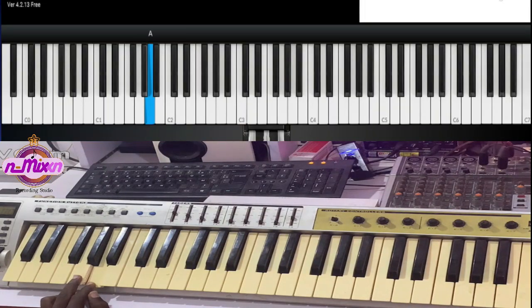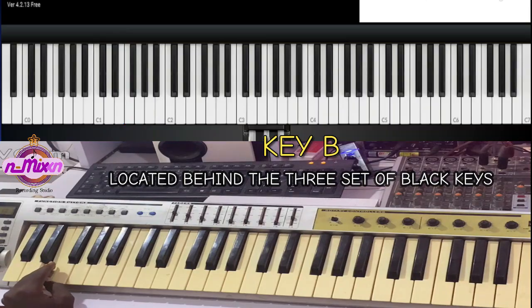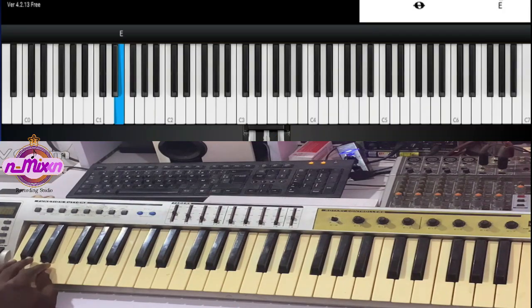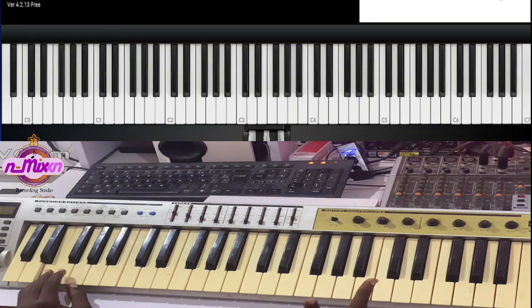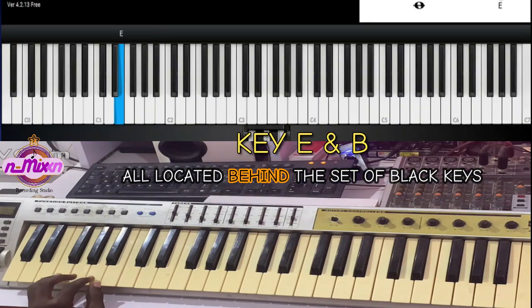Then the last one, from A to what? B. A to B. That's the last one, B. B is also the last of the three sets of black keys, and E is the last of the two sets of black keys. So know the difference between E and B. E is last here, the two sets.